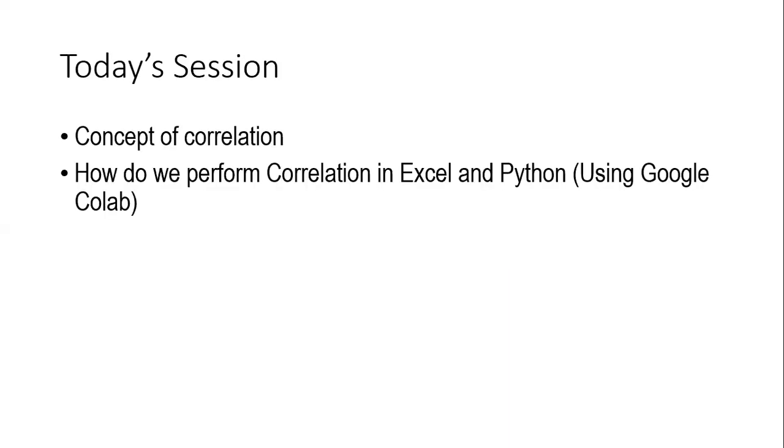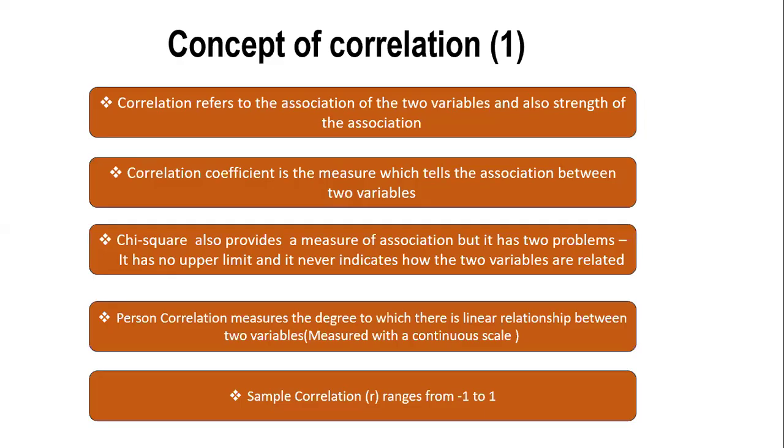So, in today's session, we'll discuss the concept of correlation and how we perform correlation in Excel and Python within Google Colab. So, what is the concept of correlation? Correlation refers to the association of two variables and also the strength of the association. So first, correlation tells how two variables are correlated with each other and also the strength of the association.